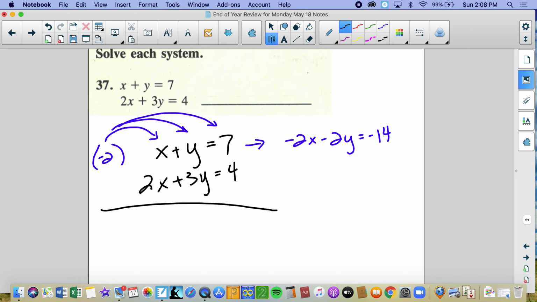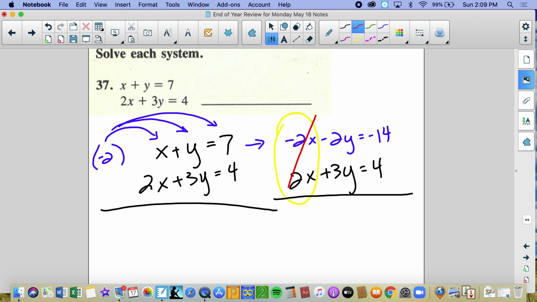And then you keep that bottom equation, because as you see now, my x's will cancel out. If I wanted my y's to cancel out, what would I multiply the top equation by? Yeah, -3. And that would cancel out the y's, and then we would isolate the x's. So in this case, the x's cancel out, and we're still adding, so we're left with y equals -10. So that's my y value.